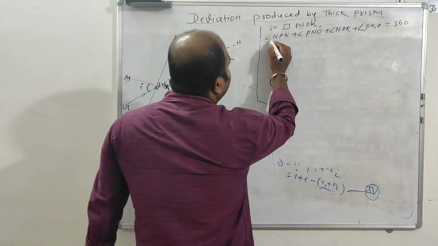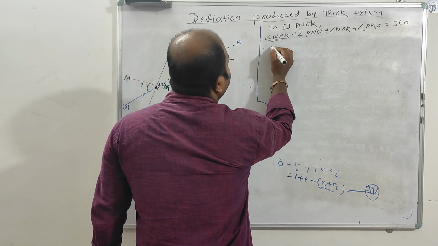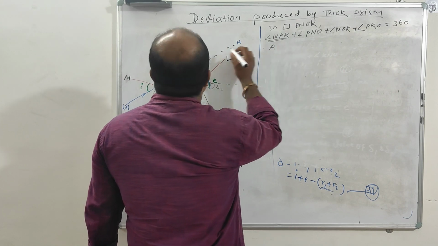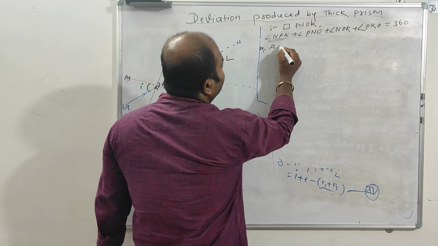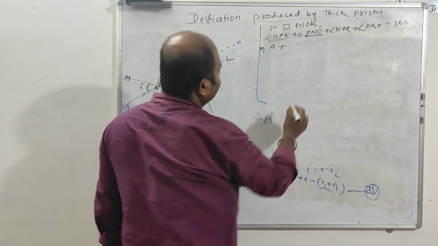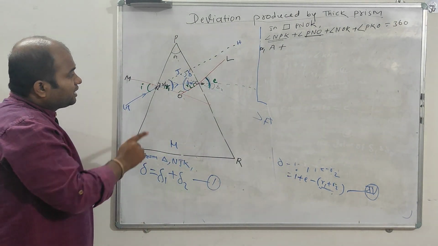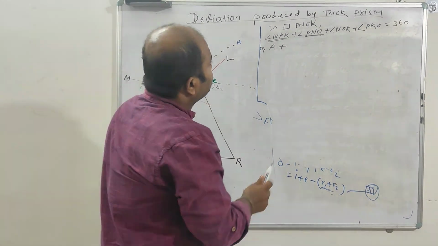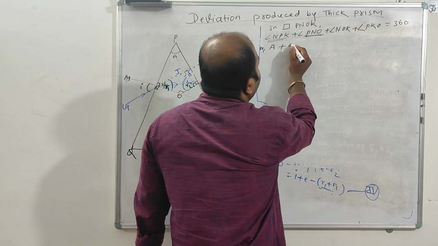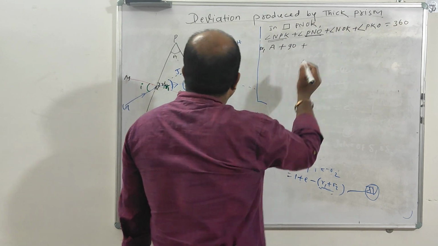Now see here, angle NPK, this is A, plus PNO. Earlier, at the beginning of my lecture, this is the normal, so this is 90 degrees, right? So PNO is 90, plus angle NOK.